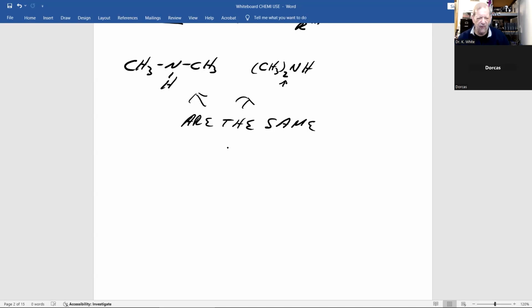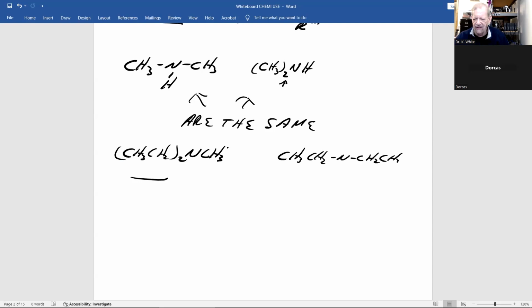An example would be this molecule. And this is the way I probably write it on a test, but as an answer, you could also write, if you had to write it down, diethyl, 2 ethyl groups, and 1 methyl.